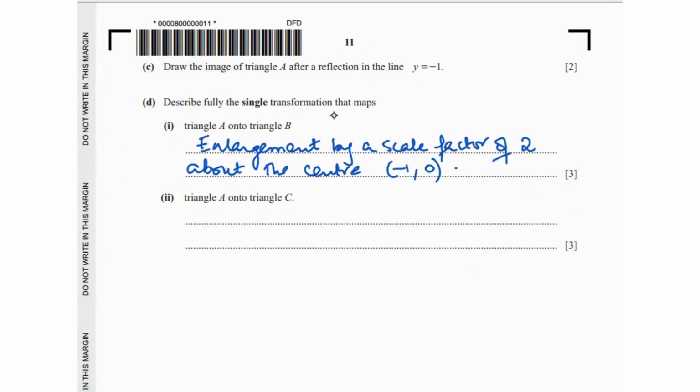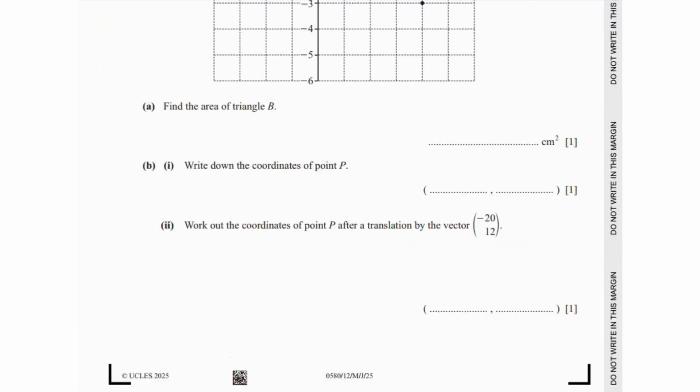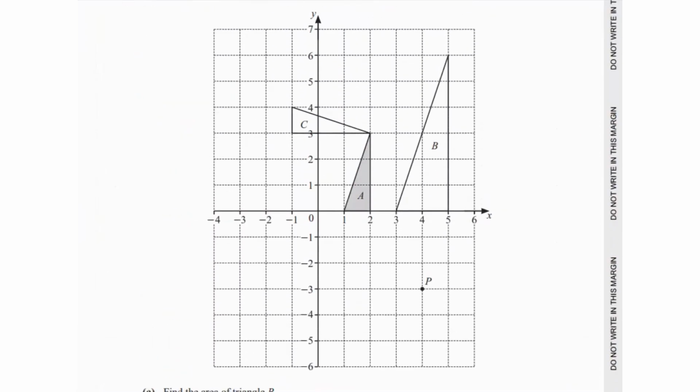Then describe fully the single transformation that maps triangle A onto triangle C. So A onto C is clearly a rotation, and it's a 90-degree clockwise rotation because we're moving in this direction. This is clockwise.